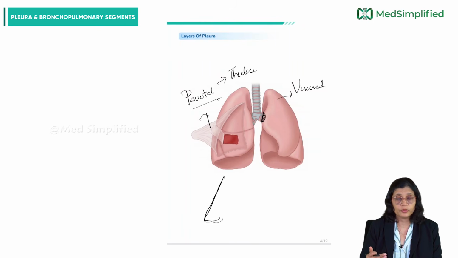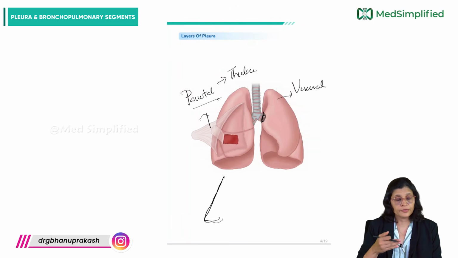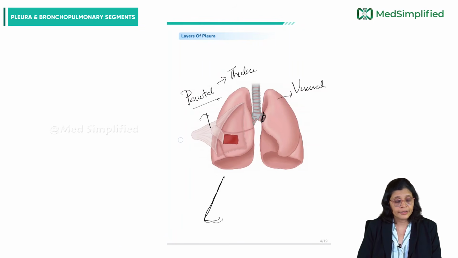So the parietal pleura is lining the inner surface of the thoracic wall, the diaphragm, the lateral side of the mediastinum as well as Simpson's fascia, otherwise called the cervical diaphragm.